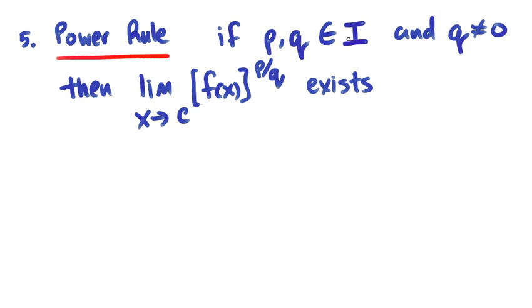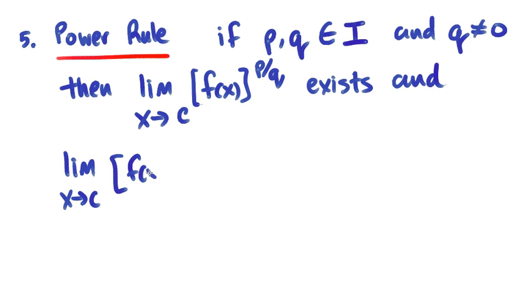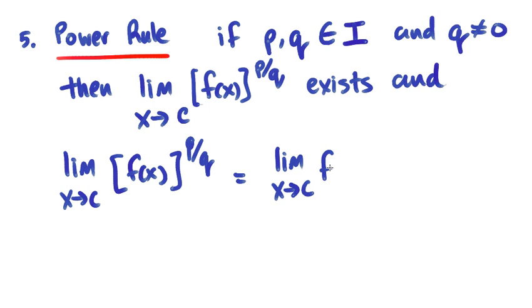So p and q have to be integers. Q can't be equal to 0 or else it will be undefined. If that's true and they all exist, then the limit as x approaches c of f of x raised to the power of p over q is equal to the limit as x approaches c of f of x, find that answer and raise that to the p over q.